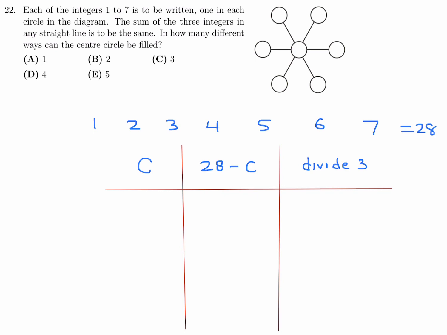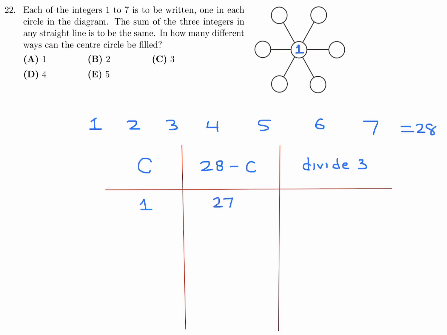Let's say I decided I want to put the 1 in the center, right? Let's start with 1. So that means all the other numbers have to be obviously placed around here. But the 1 is common to everything. So all the other numbers have to add up to the same. So if C is 1, then 28 minus C is 27.